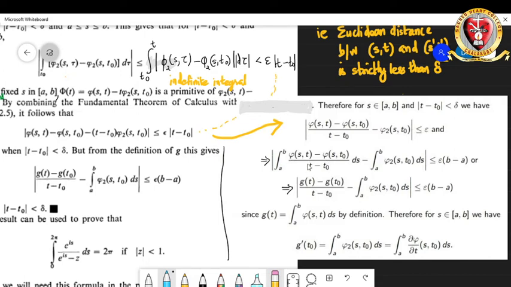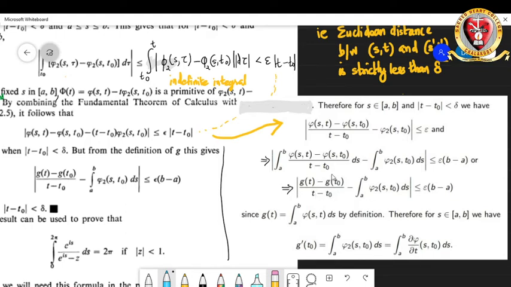You can take it out, and what remains is 1 by t minus t naught into integral from a to b phi of st minus integral from a to b phi of st naught. Integral from a to b phi of st is nothing but g of t, and integral from a to b phi of st naught is nothing but g of t naught. So you replace that, with t minus t naught in the denominator, ds minus integral from a to b the same term, that is less than or equal to epsilon into b minus a.